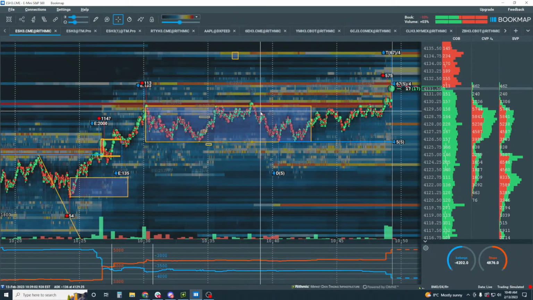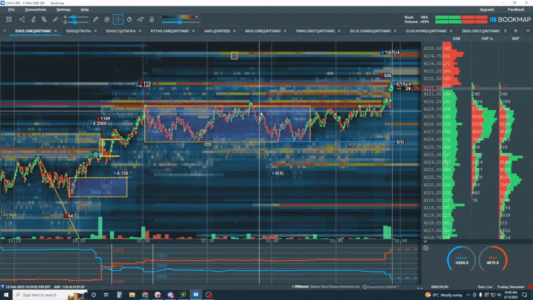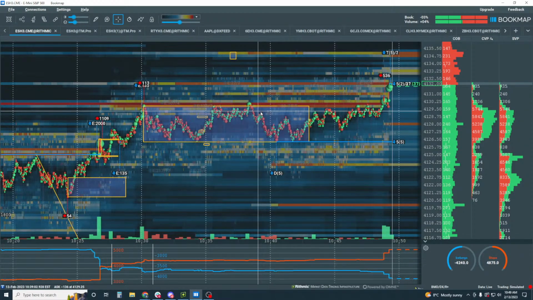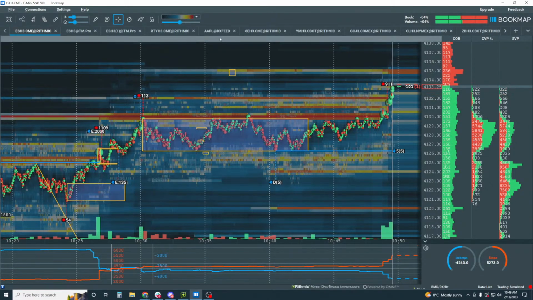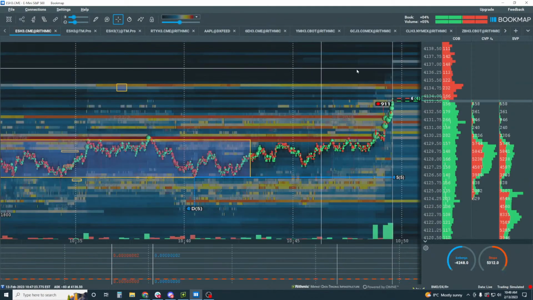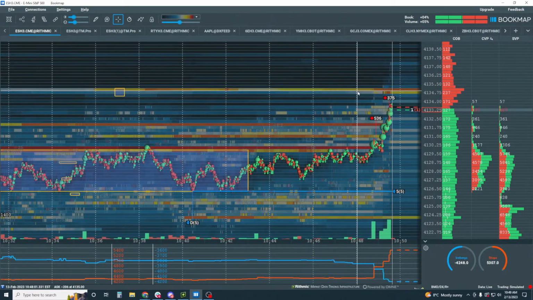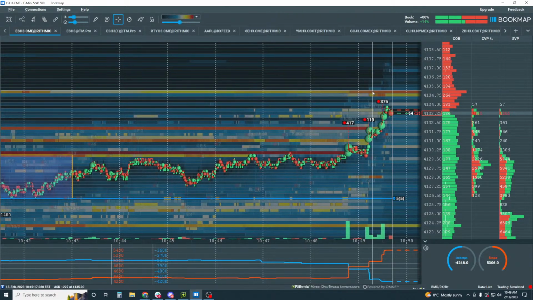Combining these two together is where you're really going to get the magic. This is where you're going to build a higher probability trading plan. I hope this is all making good sense here, guys. This is turning into a beautiful move up into just about 35. Not quite there yet, but looking for it still.